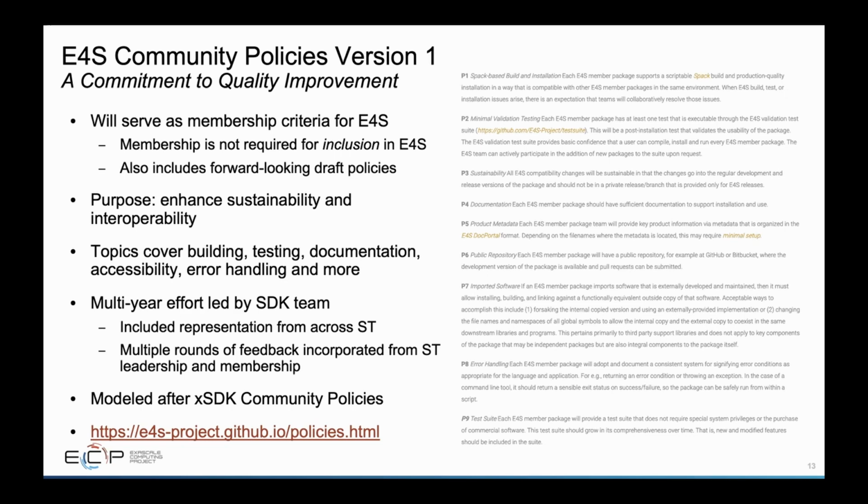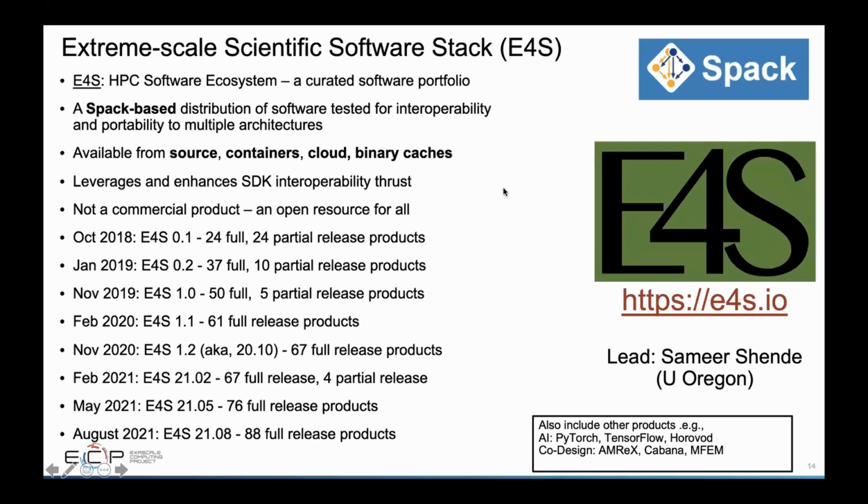And there are a number of different policies. I will not go into all of these right now, but they're based on the xSDK product that predates the E4S work. You can learn more about it on the E4S webpage. And this is a list of all the packages and releases we have had for E4S, starting in October 2018, where we had the first release with 24 products.